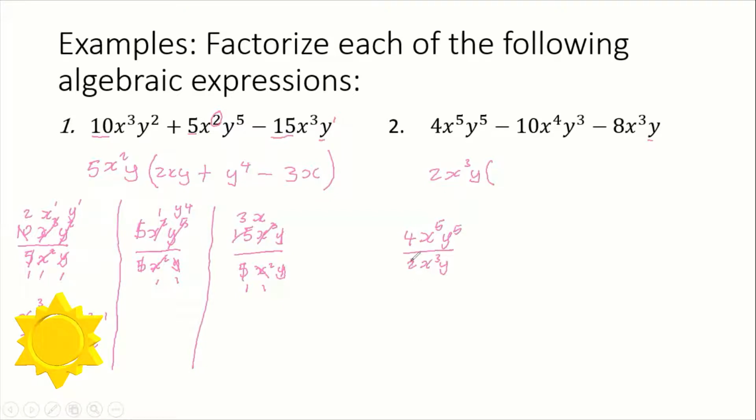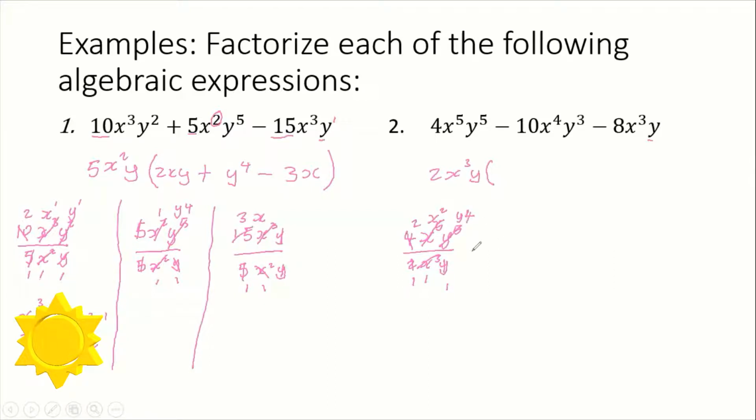So 2 into 2, that will give us 1, and 2 into 4, that will give us 2. X to the 3rd into x to the 3rd, that will give us 1, and x to the 3rd into x to the 5th, that will just give us x squared. And y into y is 1, and y into y to the 5th, that will give us y to the 4th. Remember, you're just subtracting the powers, all right?